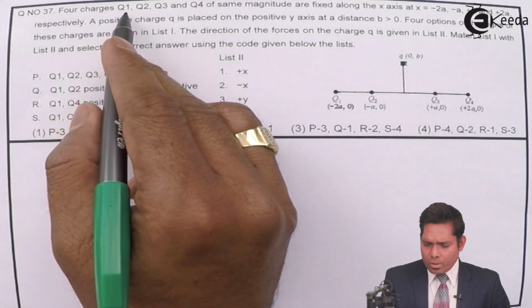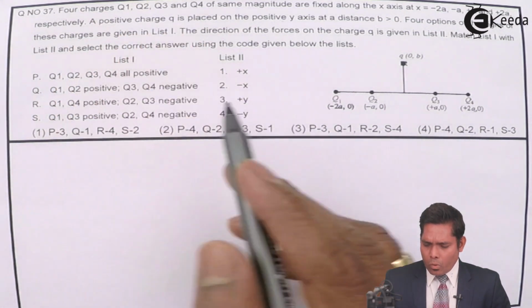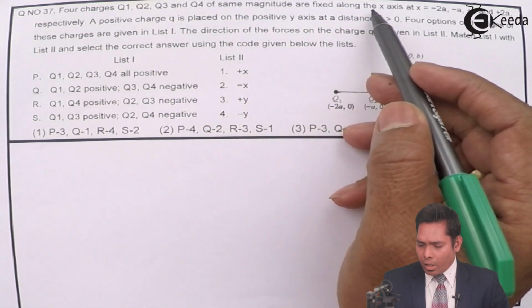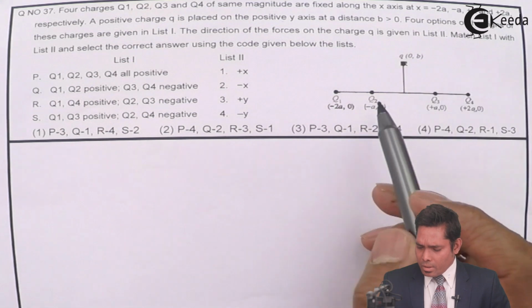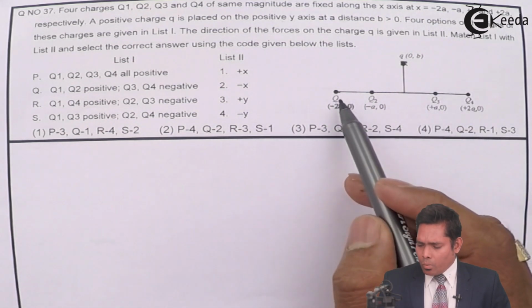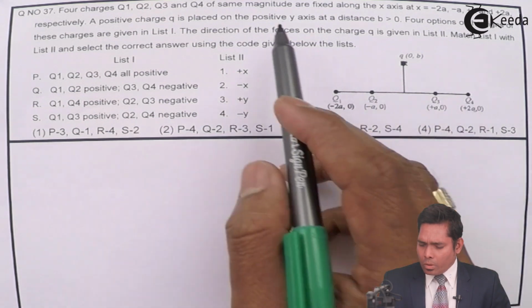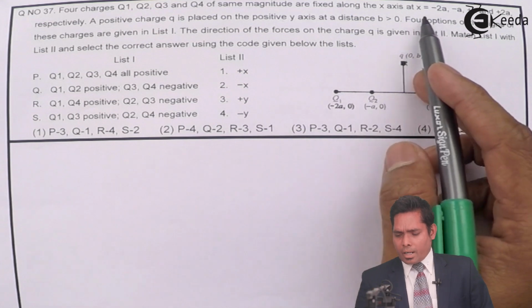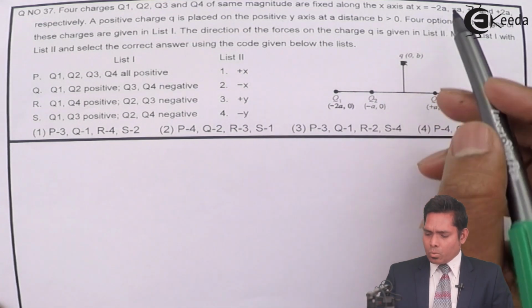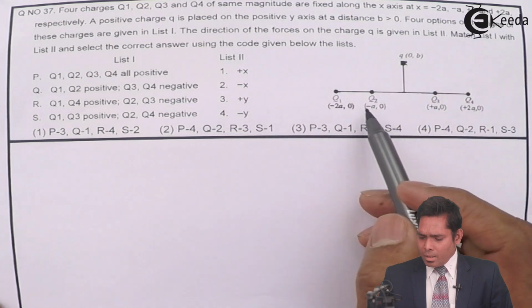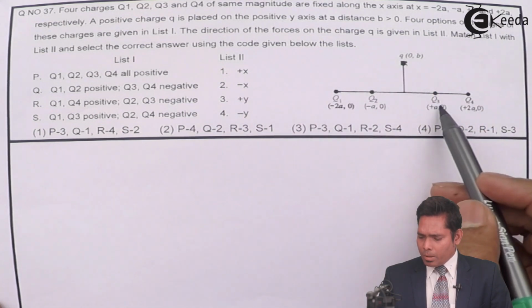Four charges Q1, Q2, Q3 and Q4 of the same magnitude are fixed along the x-axis at positions minus 2a, minus a, plus a and plus 2a.